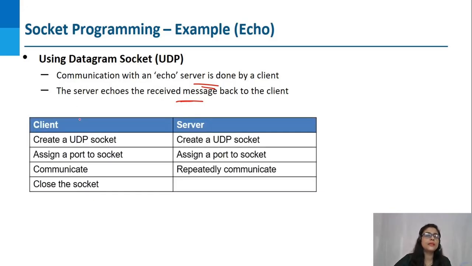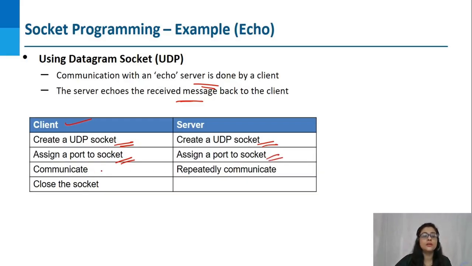So what will happen at the client end? The client will create initially a UDP socket, and at the same time the server will also create the UDP socket. The client will assign a port to the socket. The server will also assign a port to its own socket.